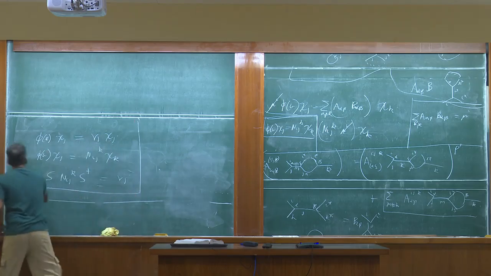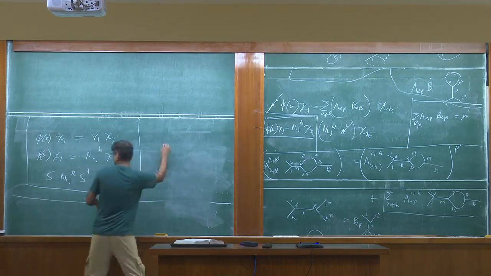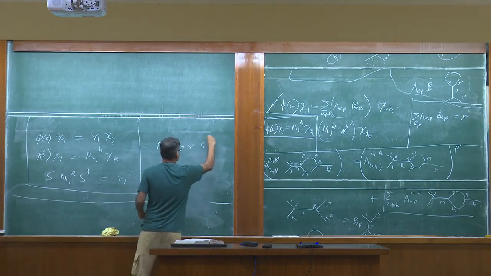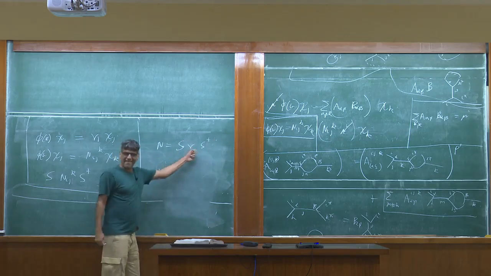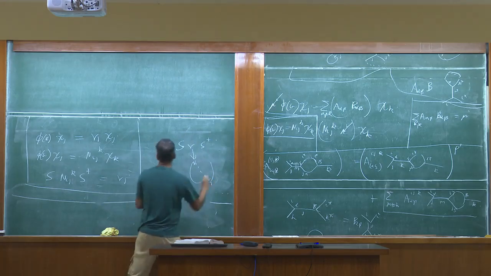When we pursue this a little further, you can use this to find a very explicit formula. So you can write N as equal to S gamma S dagger, where gamma is the diagonal matrix whose entries are gamma 1, ..., gamma n.